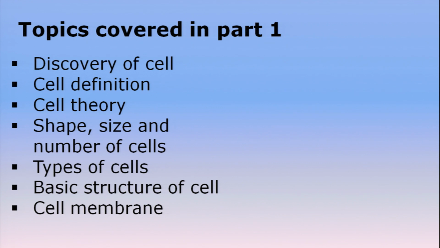Children, the topics that we covered in part 1 were discovery of cell, definition of cell, cell theory, shape, size and number of cells, types of cells, basic structure of a cell and cell membrane.